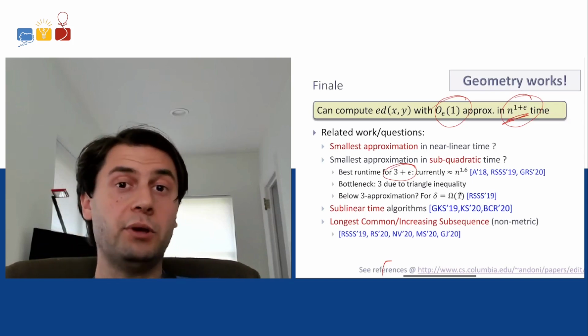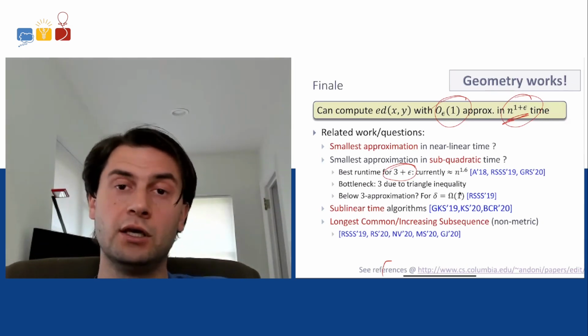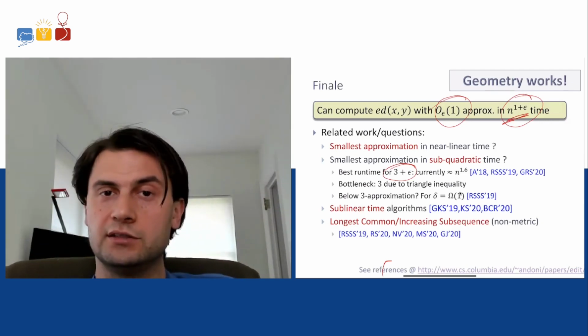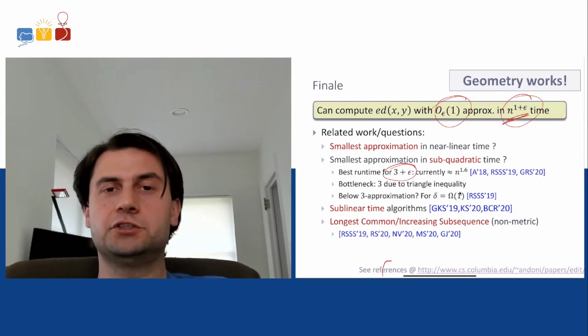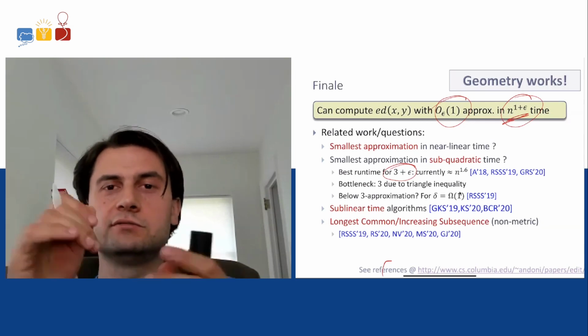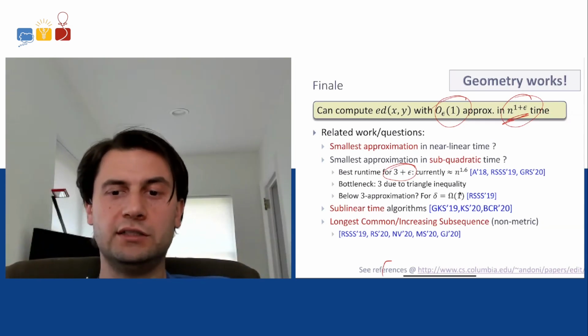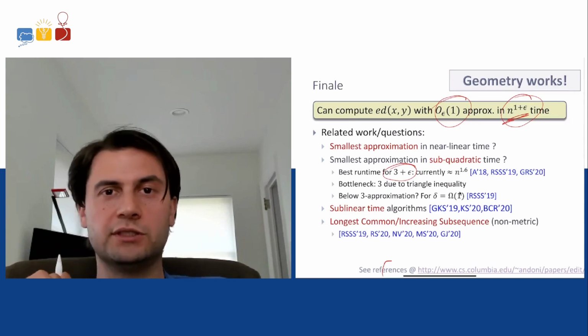Now, this is not a metric anymore, but it turns out, as some of these papers have shown, that you can use similar ideas. There is some kind of LCS version of the triangle inequality where you can still do these deductions and improve the runtime as well, so get better algorithms there.